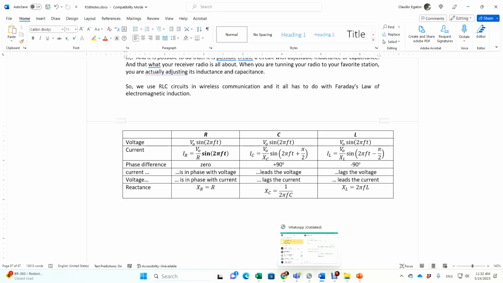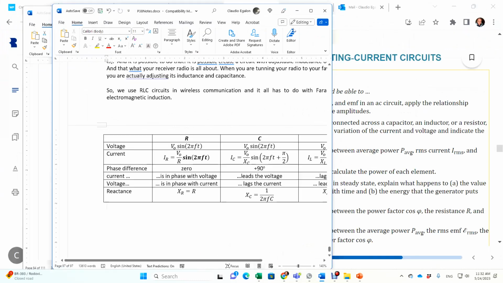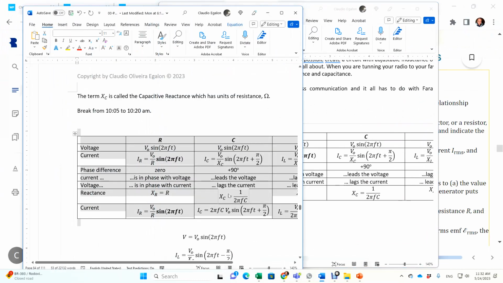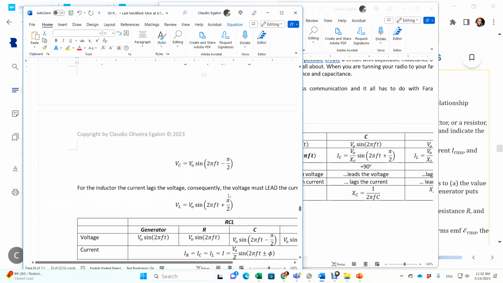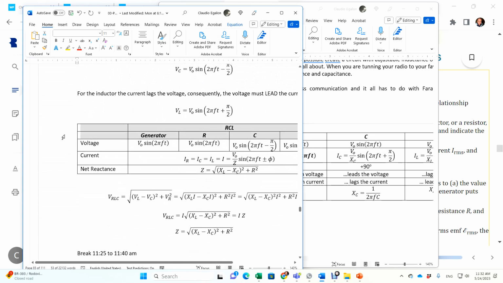And then we have that other circuit that we discussed as well. That is the RLC circuit, powered by a generator.